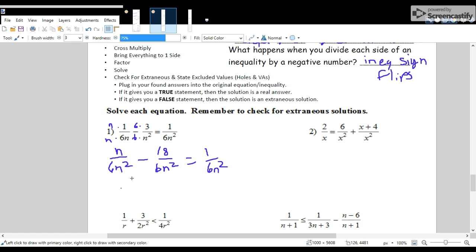From here, we have n minus 18 all over 6n squared equals 1 over 6n squared. From here, we're going to cross multiply.